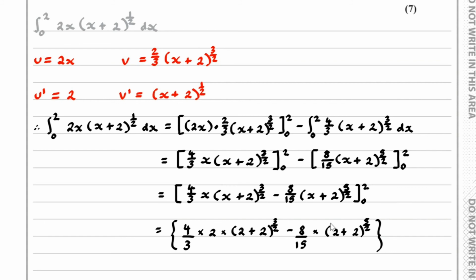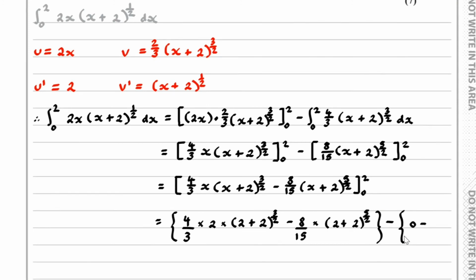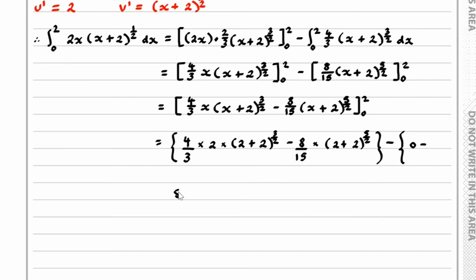That's my upper limit, and for my lower limit, I would have 0 subtract 8 over 15 times by 2 to the power of 5 over 2.